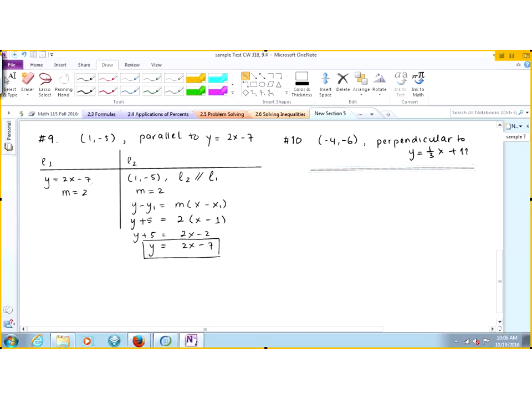I think the question might be a little difficult on the parallel perpendicular, because I think mine has fraction, the answer. So this is line 1, this is line 2. What do we know about line 1? The equation of line, y is equal to 1/3 x plus 11. What do we know about line 2? Negative 4, negative 6, and L2 is perpendicular to line 1.